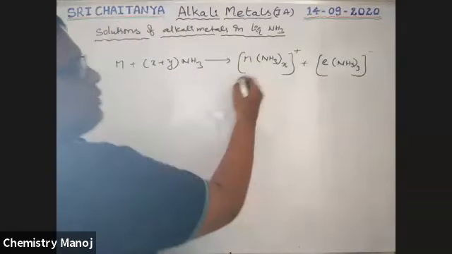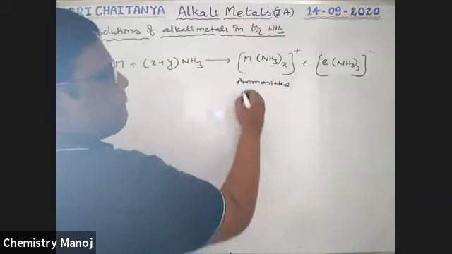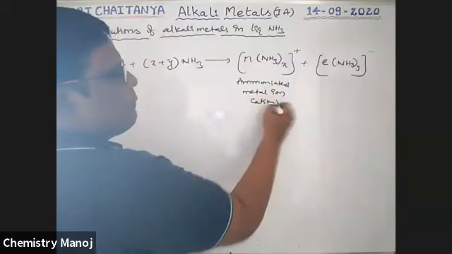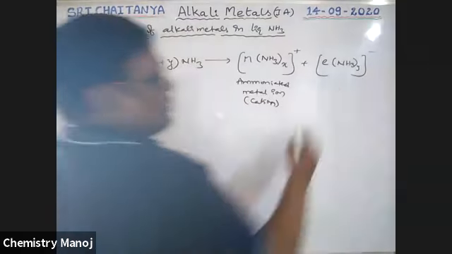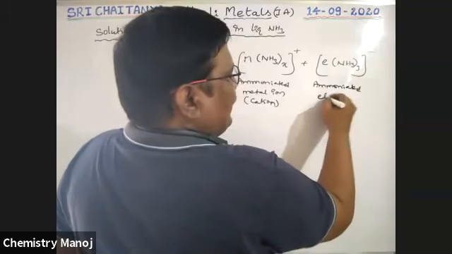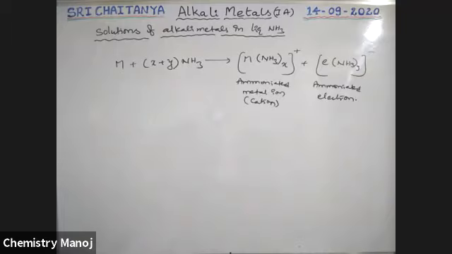This is the ammoniated metal ion, that is nothing but the cation. This is the ammoniated electron.